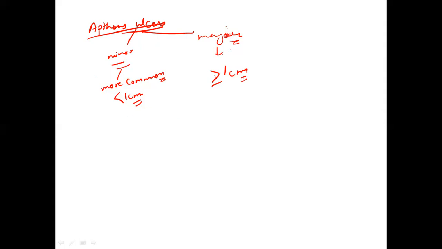Basically, minor ones are smaller in size and major ones are larger in size, right? Larger ulcers are also called Sutton disease, or periadenitis mucosa necrotica recurrens. You can say anything.